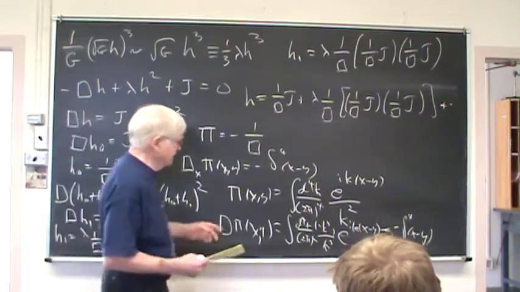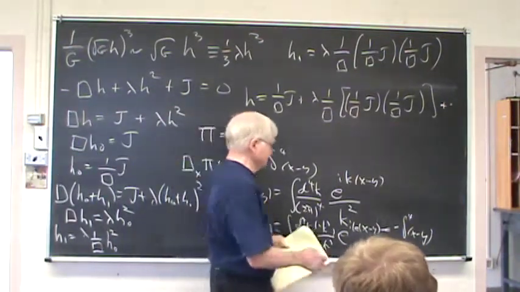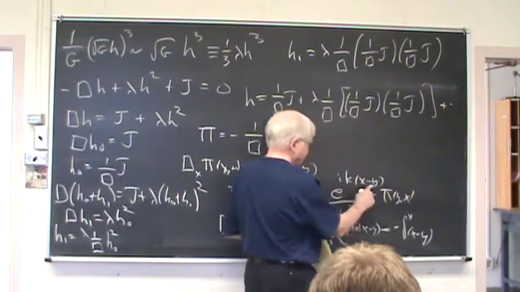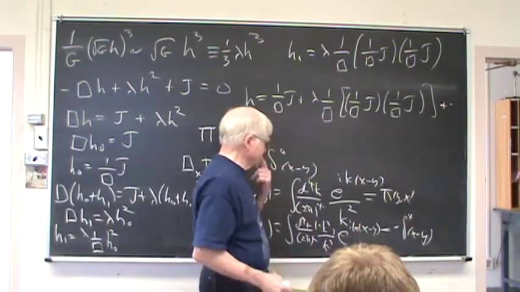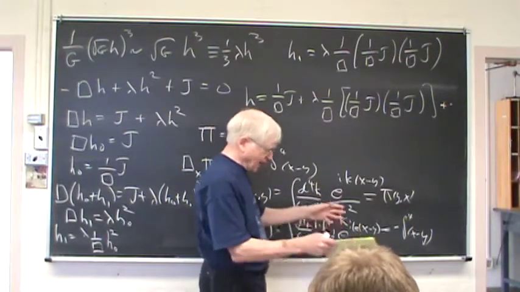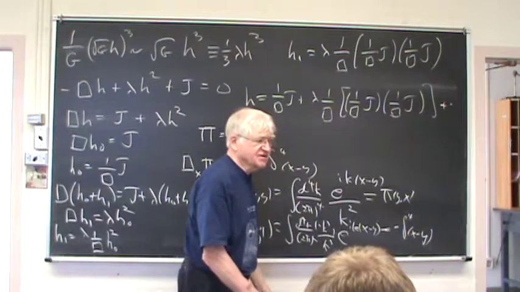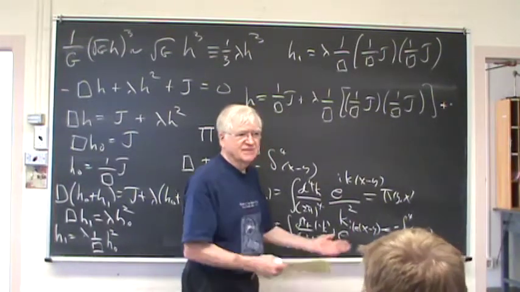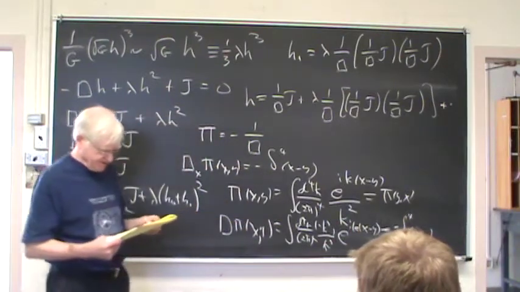Notice that this is symmetric. This is the same thing as pi of y and x, because if you flip this sign, that's the same thing as just integrating, instead of integrating over the first quadrant first, you integrate over the 16th quadrant first. And so that's that.